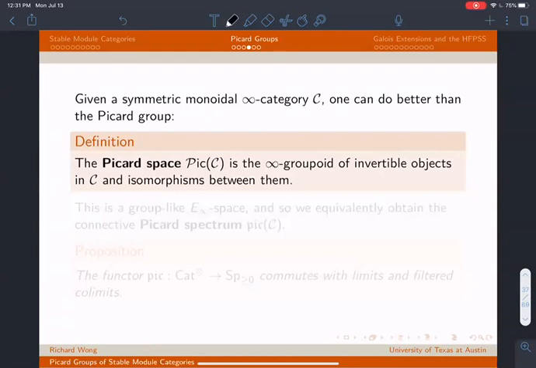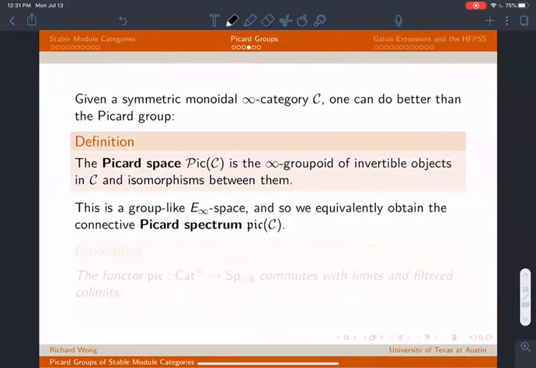And really quickly, you can do better than the Picard group. You can, in fact, get the Picard spectrum. So instead of just looking at isomorphism classes of objects and throwing away all higher data, you can choose to keep track of that. And you get a Picard space, or the infinity groupoid of invertible objects, by keeping track of this higher data.